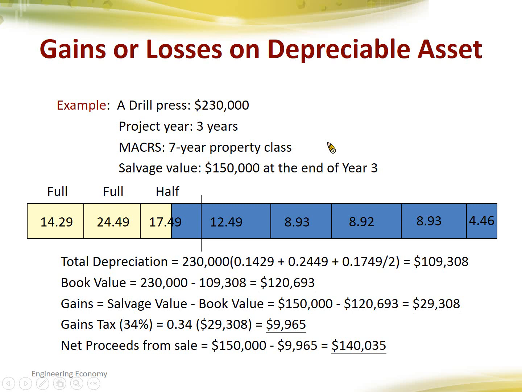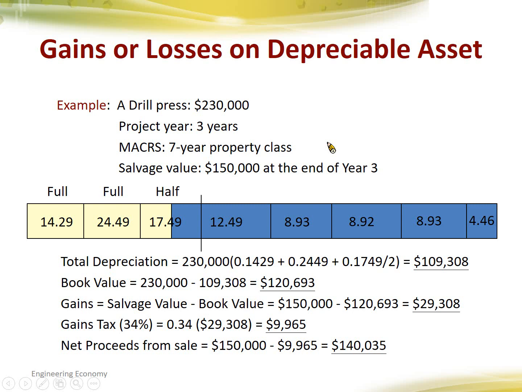Since the project only lasts for 3 years, we'll take this first year following exactly the convention. The second year and the third year we can take only half of it out of 17.49. So that's our depreciation, and the rest of the computation will be the same.